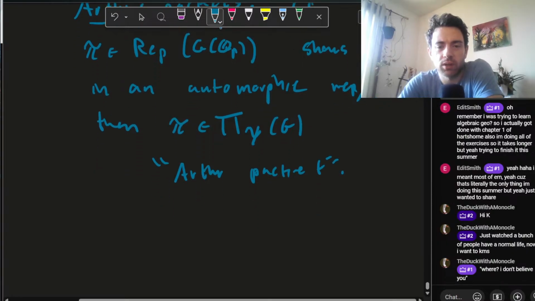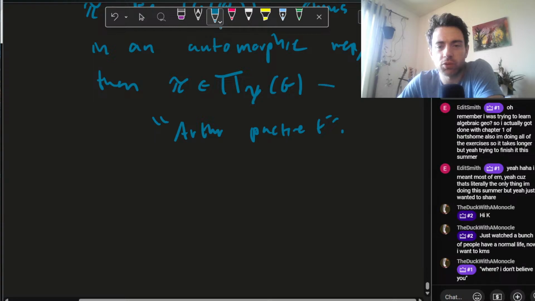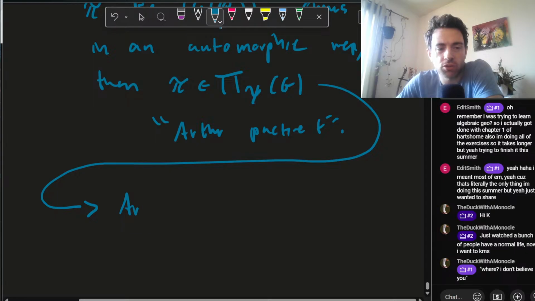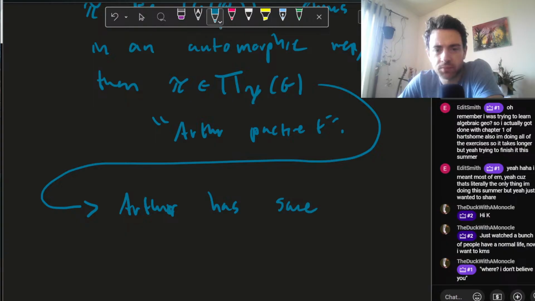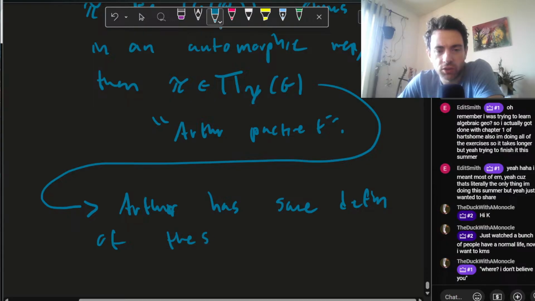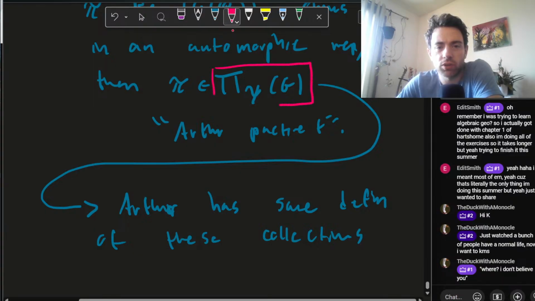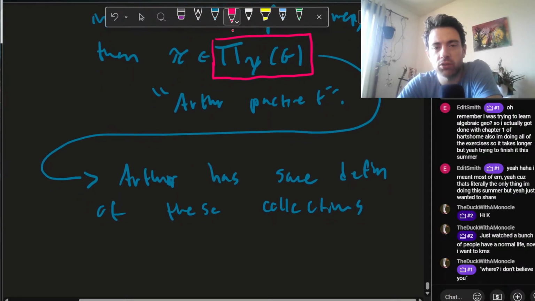So in other words, you have to go read Arthur's work. I actually don't know the precise technical definition, but Arthur has some definition of these collections. I should say this is not the case that this is the set of all representations that show up in some automorphic representation.